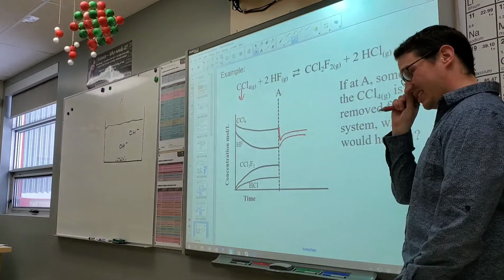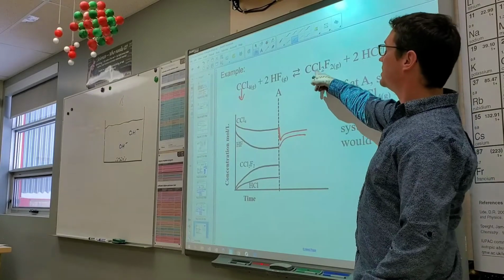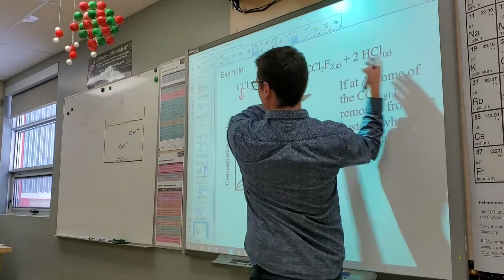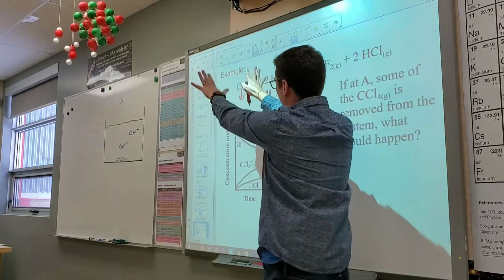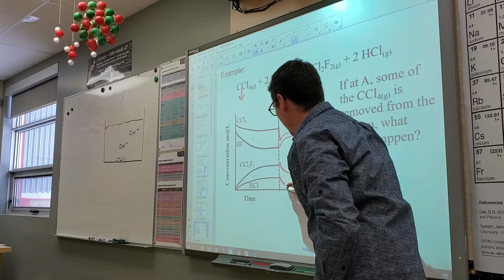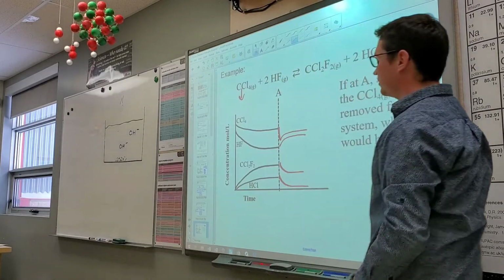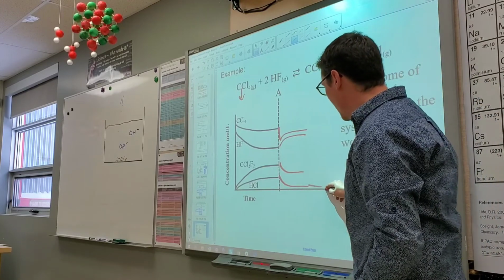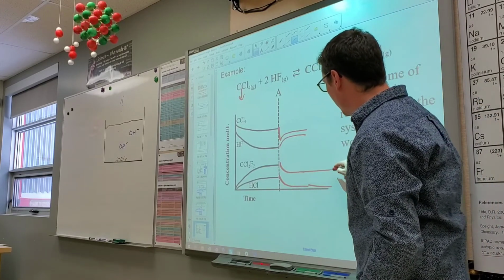What will happen to our CCl2F2? It'll decrease, right? Because we're shifting to the left, we're using this up and turning it into that. So this is going to decrease, and this is going to decrease as well. And then it'll establish a new equilibrium, right?